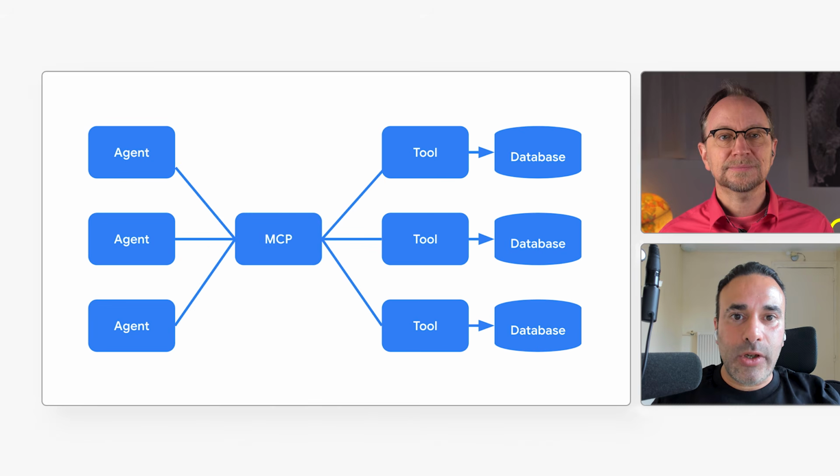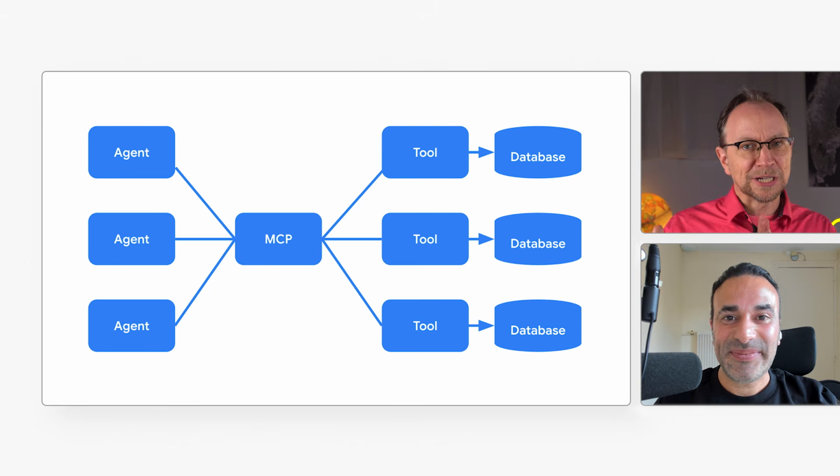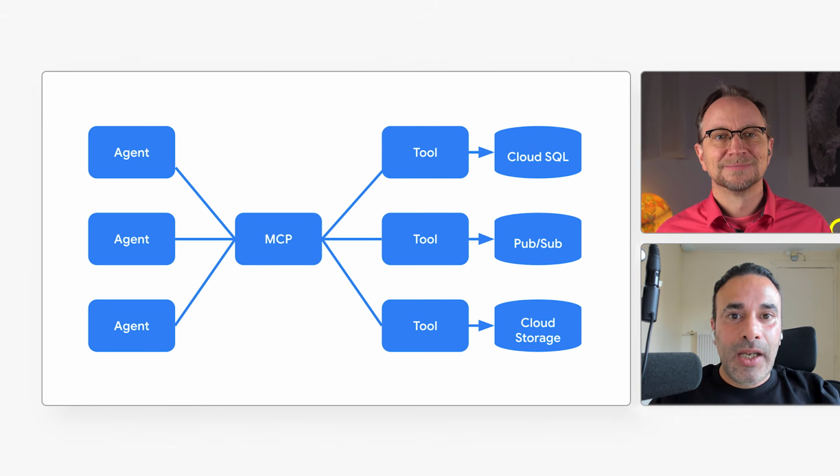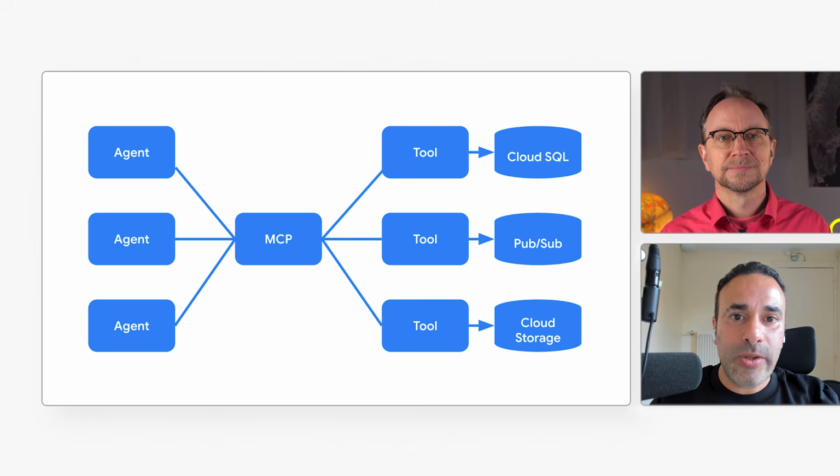Instead of writing custom adapters, one MCP server works across Gemini, Claude, or any ADK agent. It lets the agent discover tools at runtime without hardcoding them. So it's all about plug and play? Exactly. There are already managed MCP servers for Cloud SQL, Pub/Sub, and Cloud Storage. You just plug in the server and the agent immediately knows how to interact with that service.